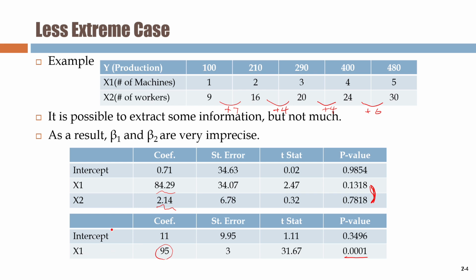However, if we take out x2, x1 is significant, and you can get a similar result if you take out x1, then x2 will be very significant. So even though it's not perfectly correlated, this is a pretty high correlation, and in that case you cannot trust the coefficient. Even if you change the software from Excel to R or something else, you may have a different coefficient.